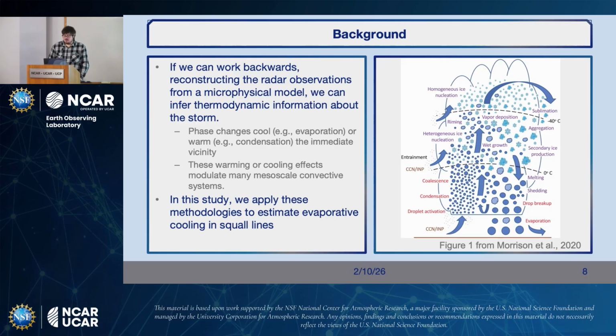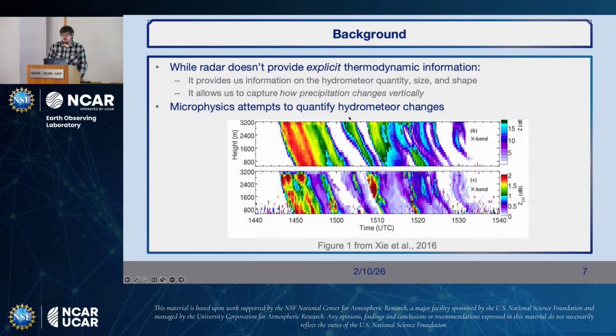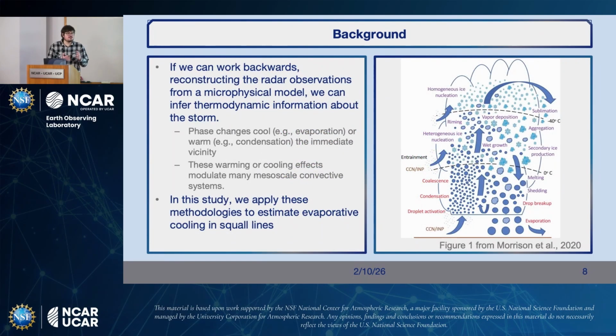There's information embedded in these, say, vertical profiles of reflectivity. So the microphysical fingerprints are there. All of these vertical columns are highly autocorrelated with each other. There's information that we can pull out. And things like evaporation, phase change, those show up in the radar measurements.